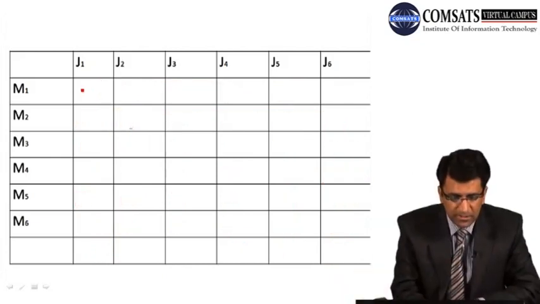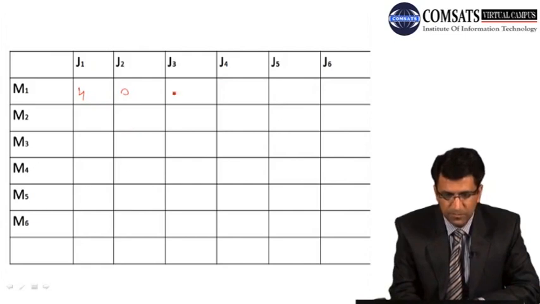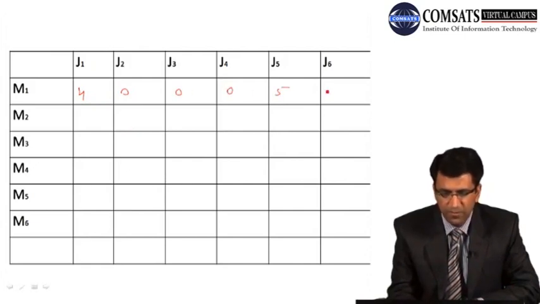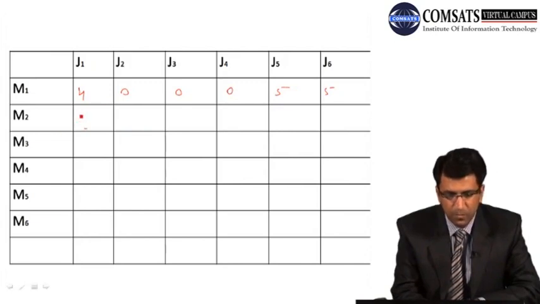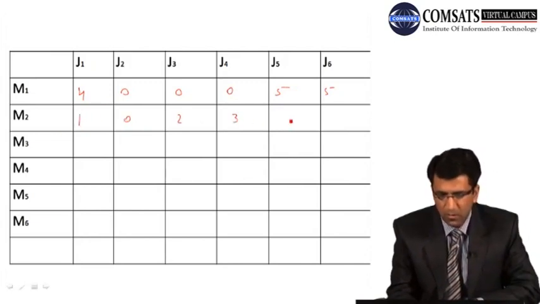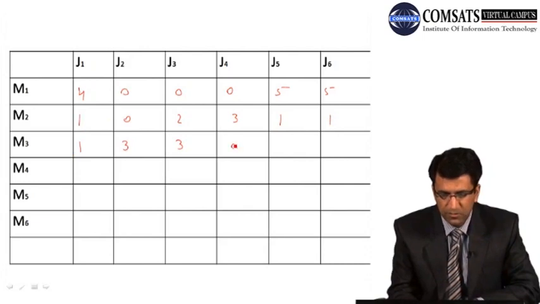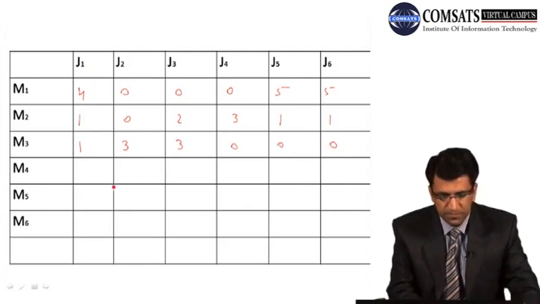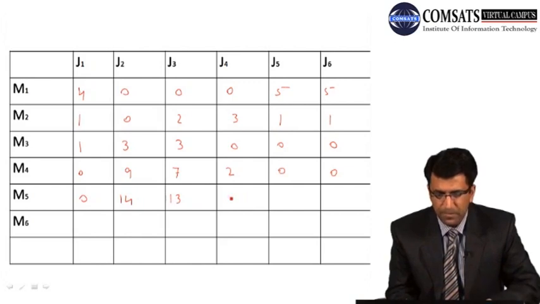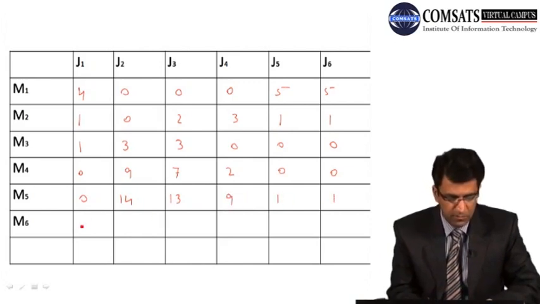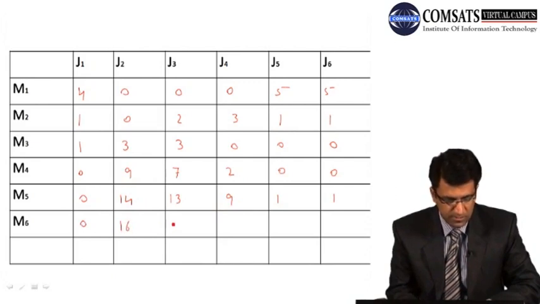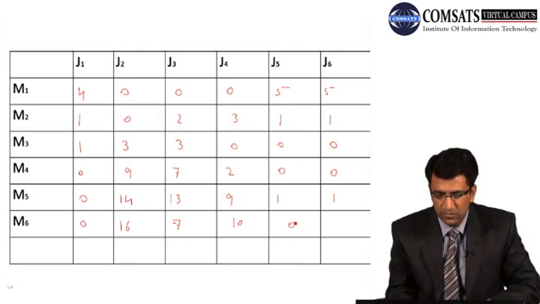So our next table will be like this: 4, 0, 0, 0, 5, 5, 1, 0, 2, 3, 1, 0, 2, 3, 1, 1, 1, 3, 3, 0, 0, 0, 0, 9, 7, 2, 0, 0, 0, 14, 13, 9, 1, 1, 0, 16, 7, 10, 0, 0.